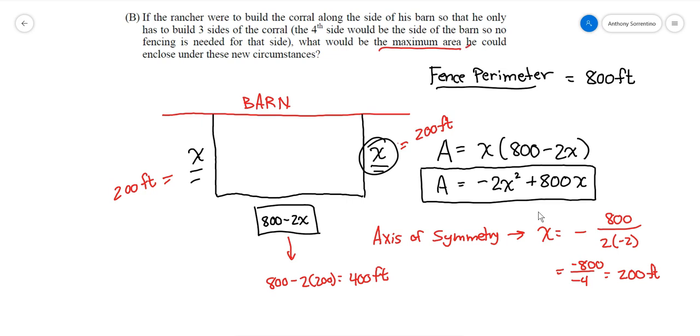So basically, we're not looking so much for the dimensions, although I know what they are now, but the maximum area, either by plugging the 200 back into this function here, or just simply saying, okay, well that's going to be the 200 times the 400, that's going to be 80,000 square feet.